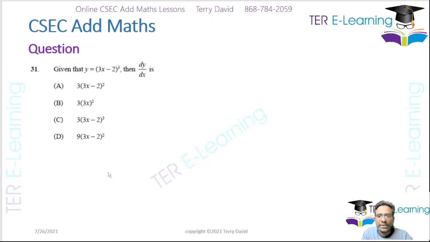So moving on now, question 31. We're down to the fun stuff now, differentiation. We have y is equal to (3x minus 2) cubed, and you want to find dy/dx. There's a nice little formula we can use for this.